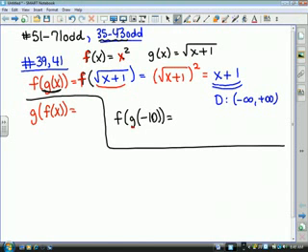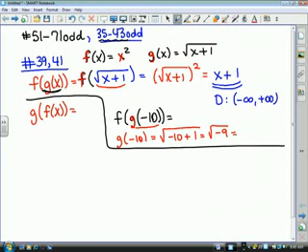So g of negative 10 means, where do I plug the negative 10 into? Where x is and which function? G, because it's g of negative 10, right? So g of negative 10 is square root of negative 10 plus 1, which is square root of negative 9.